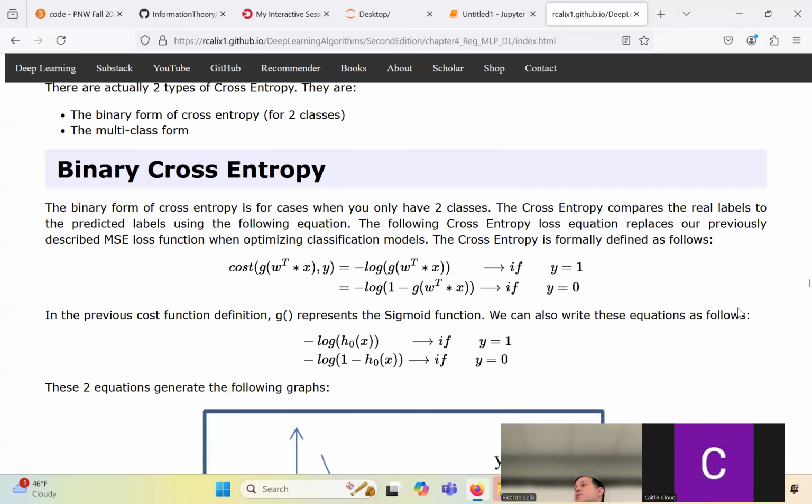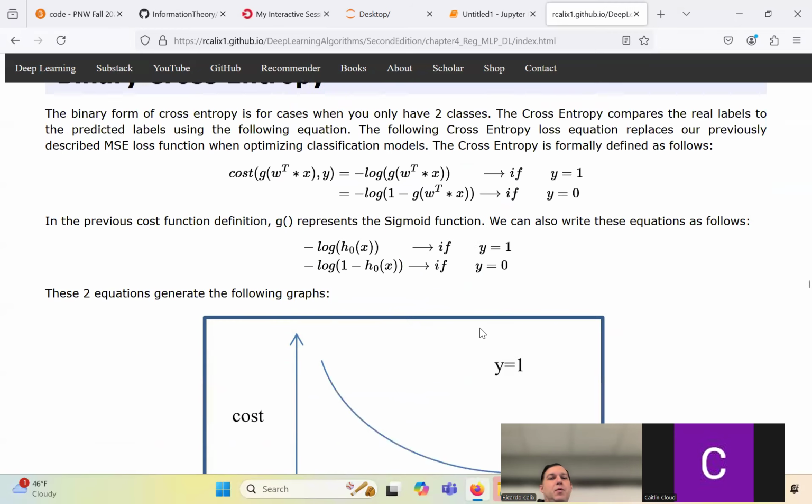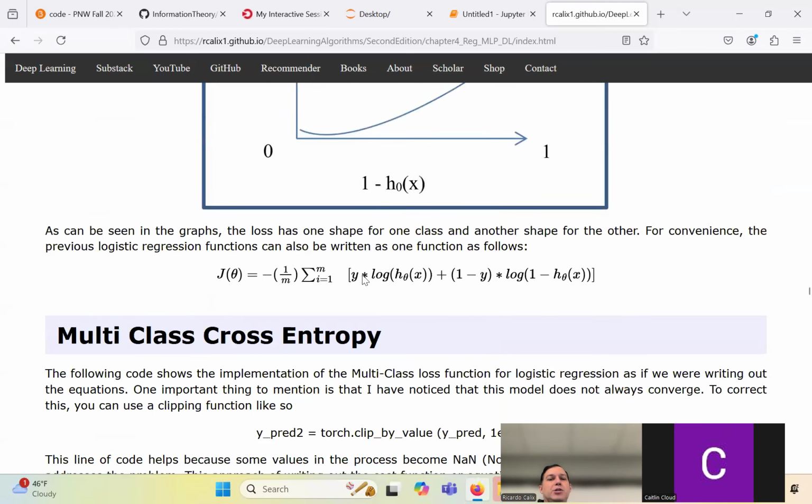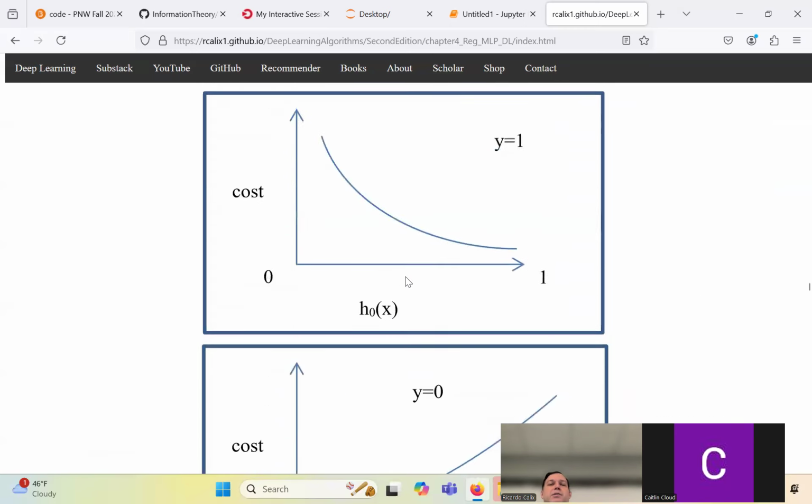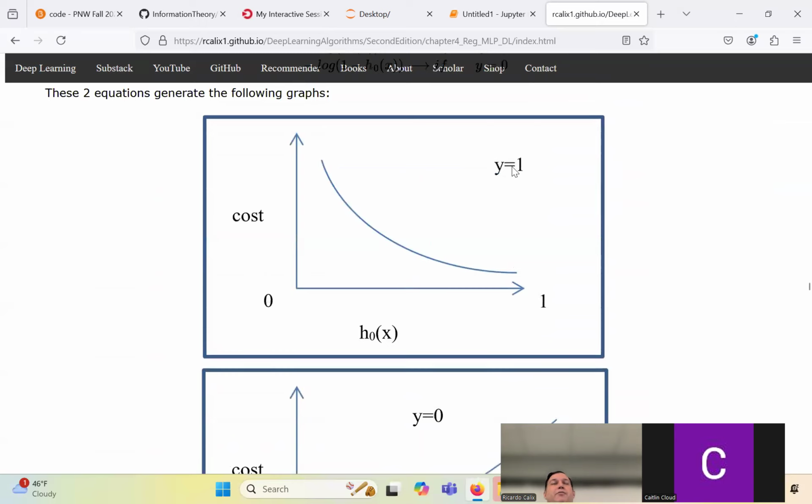Binary cross entropy, same equations as before. Notice that this equation should look familiar. That's the same thing that we were doing, the real versus the predicted in the binary case, and the graphs look exactly like that. If the real value is 1, you want to learn towards 1, then you would use that function, and when you plug in the values it becomes this.